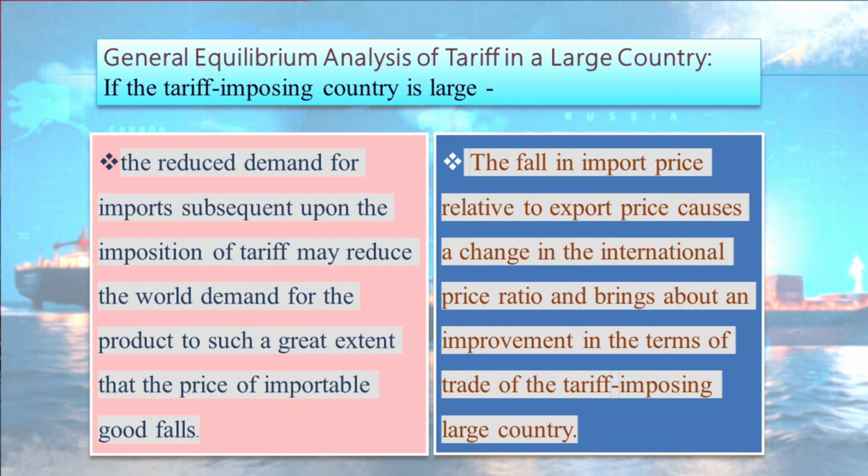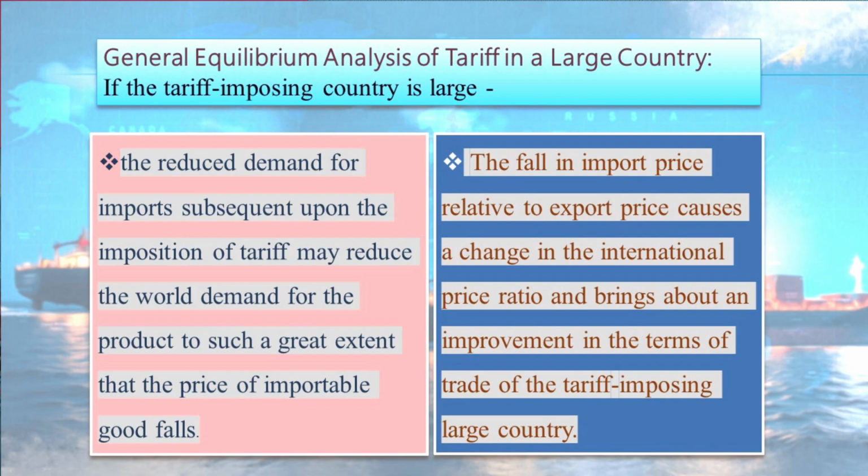This is the first impact. Another impact is that the fall in import prices relative to export prices causes a change in the international price ratio and brings about an improvement in the terms of trade of the tariff imposing large country.